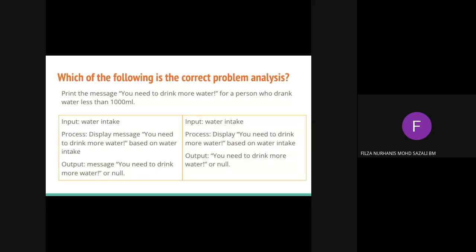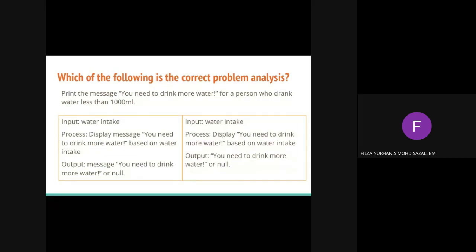Okay. Pun boleh juga benda tu, tapi dalam proses bila kita dah determine tu, kita nak buat apa? Kita nak program tu buat apa? Determine whether the person drink more than 1000 ml, or less. Okay, correct. Lepas tu dia nak buat apa. Itu pun boleh sebenarnya as a process.